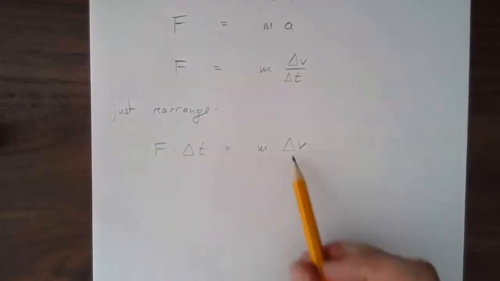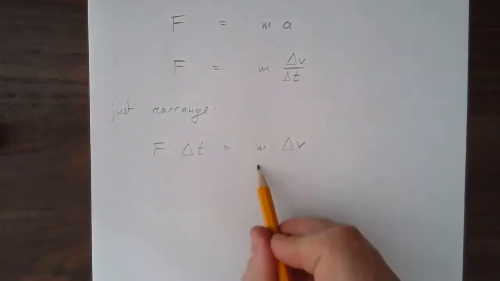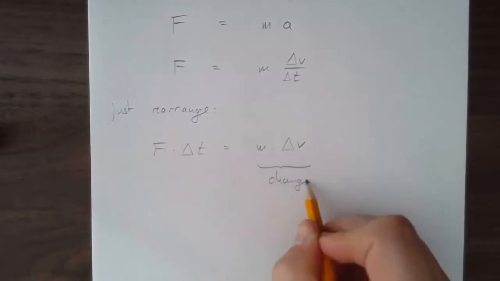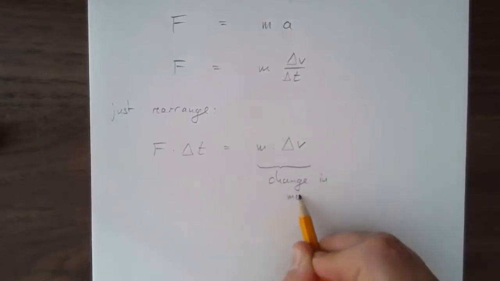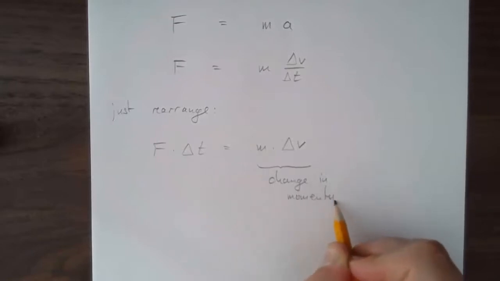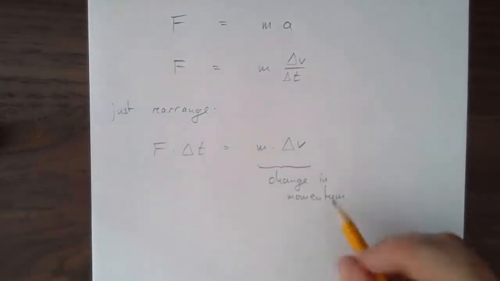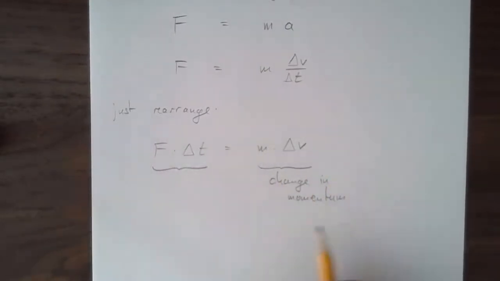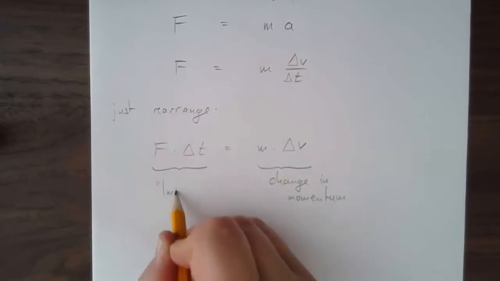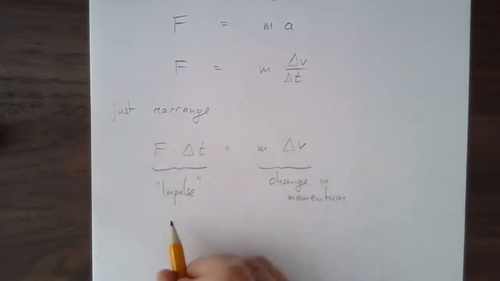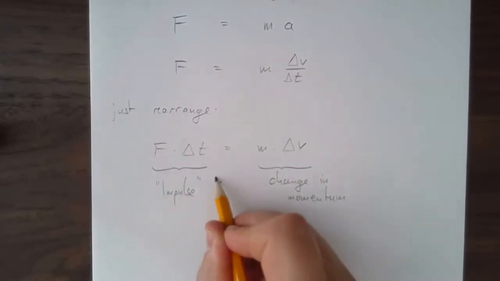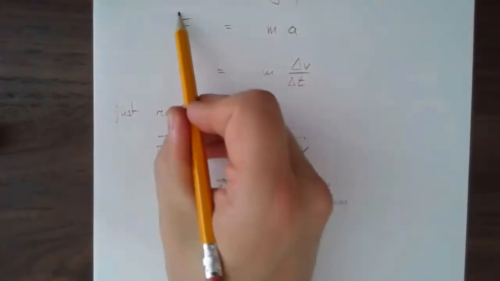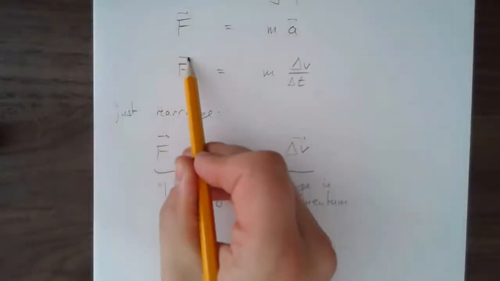Now you notice what this quantity is on the right, this here is my change in momentum. This one here we give a name, force times the time during which it acts. We call that the impulse. It's sometimes given the letter J. It's of course a vector because these quantities are vectors and I should have had vectors on here from the start.